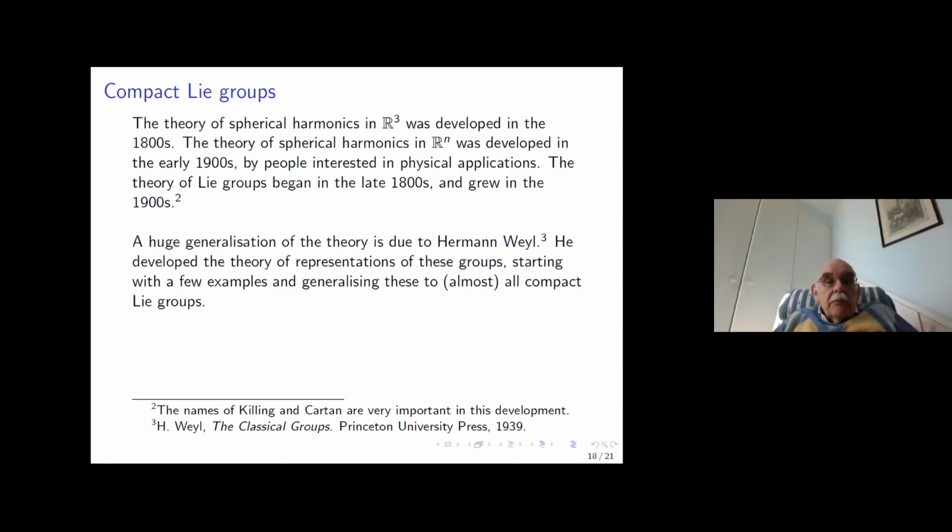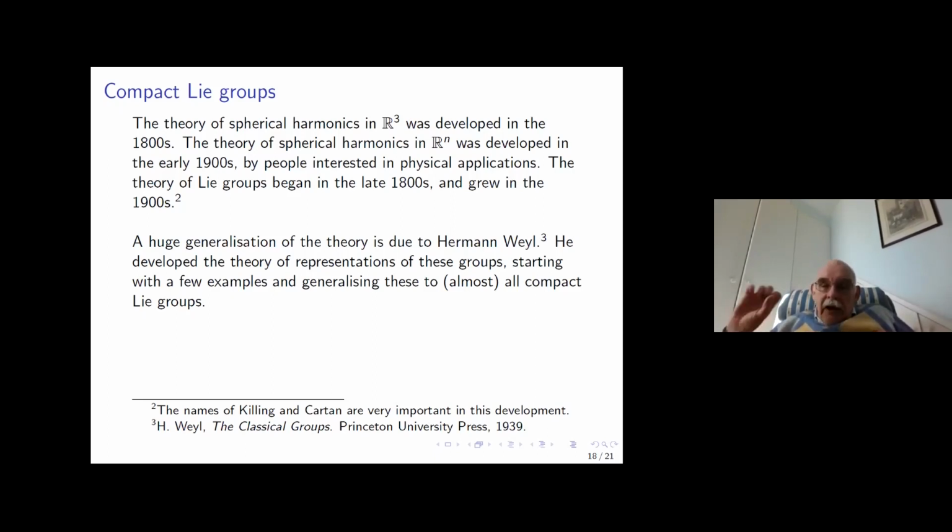So a very big generalization of the theory of spherical harmonics is due to Hermann Weyl. He developed a theory of representations of this group.